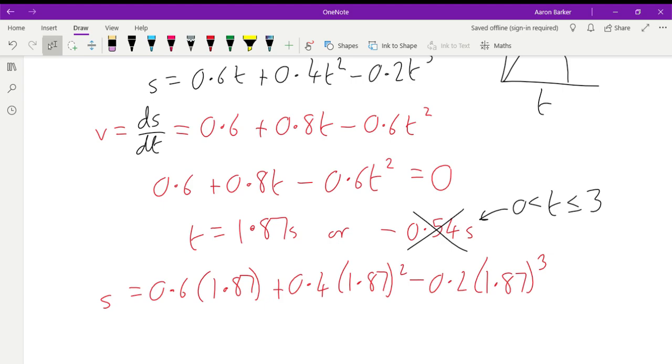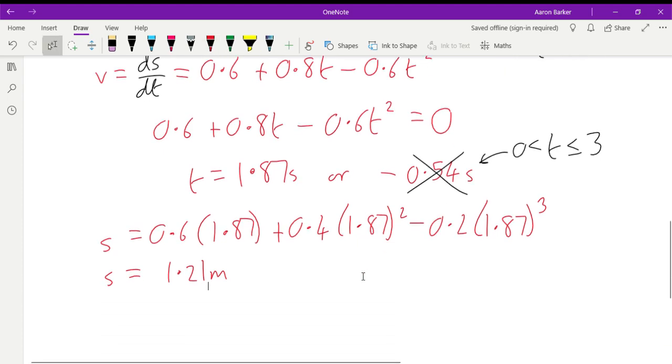If we do that, we should end up with a value of the displacement around 1.21 meters at its maximum. So after that point, after 1.87 seconds, the displacement starts to decrease again.